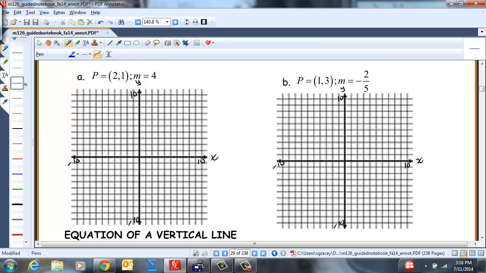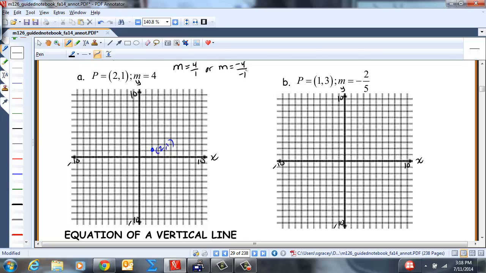So we're given, the given point is 2, 1. So I'll do it in blue. 2, 1 is the given point. Using slope, if we do this in green, the slope is 4. So you can write 4 as either 4 over 1, or you could write 4 as negative 4 over negative 1.